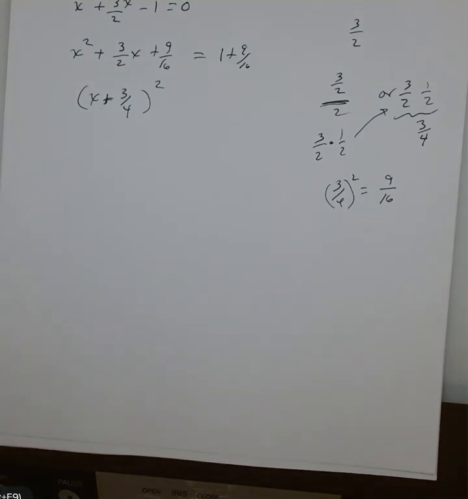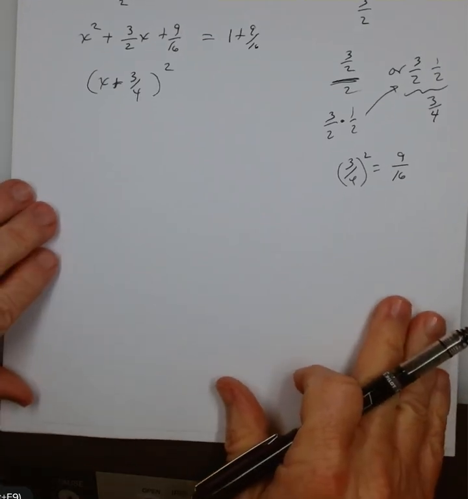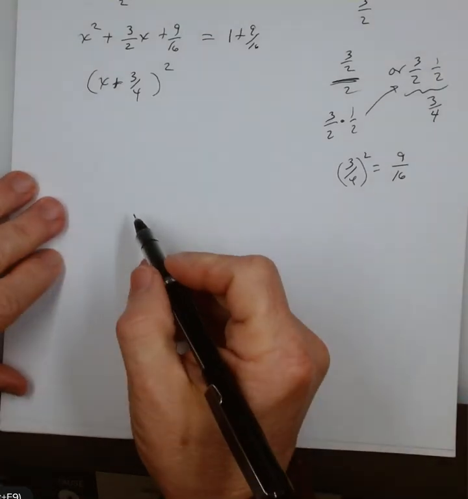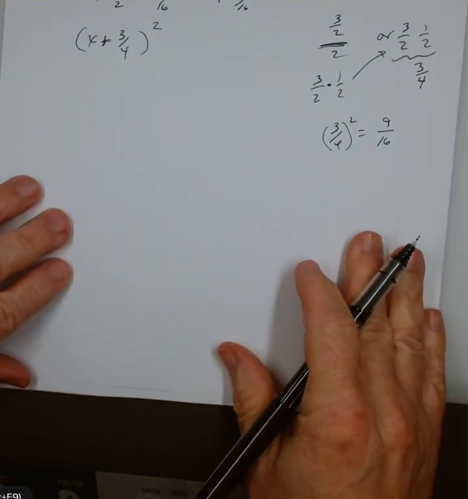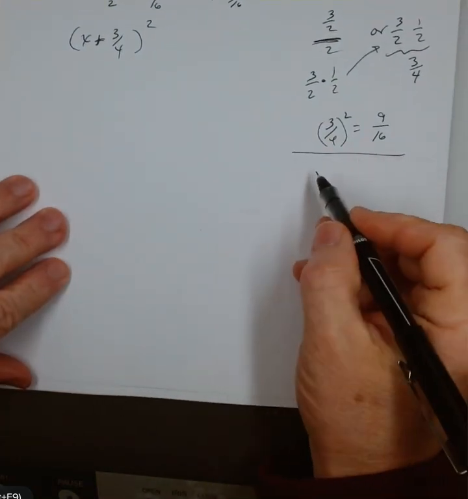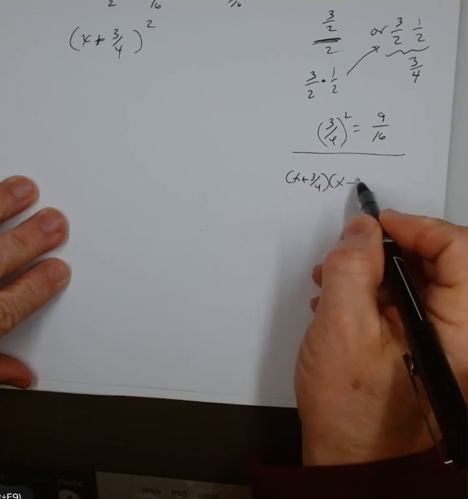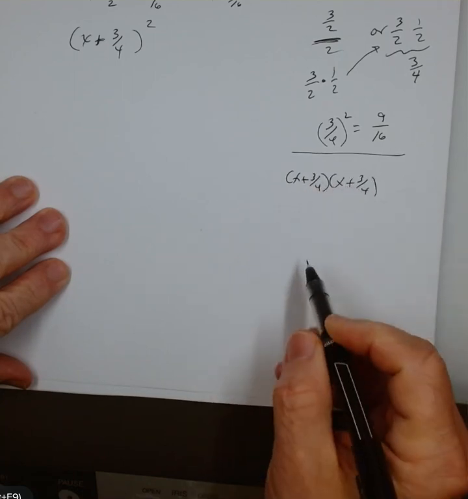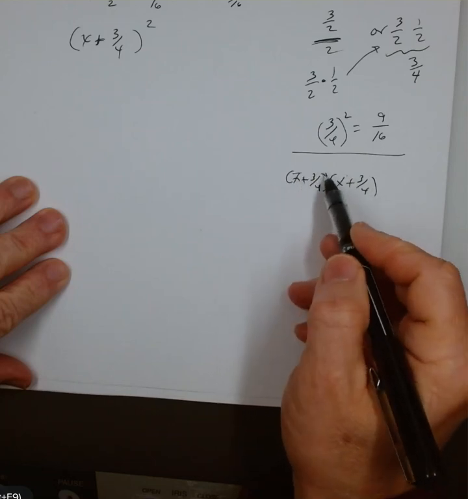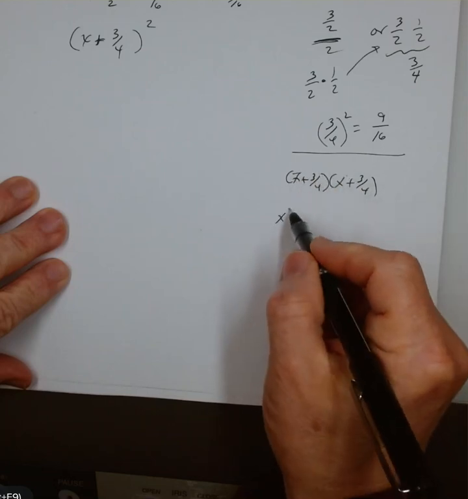And if you really just wanted to check it, I'm just kind of reminding you how to do that. So if you wanted to check it, I'm going to go ahead and do that here. So x plus 3/4 times x plus 3/4. What's x times x? x squared. Okay, what's the outer?